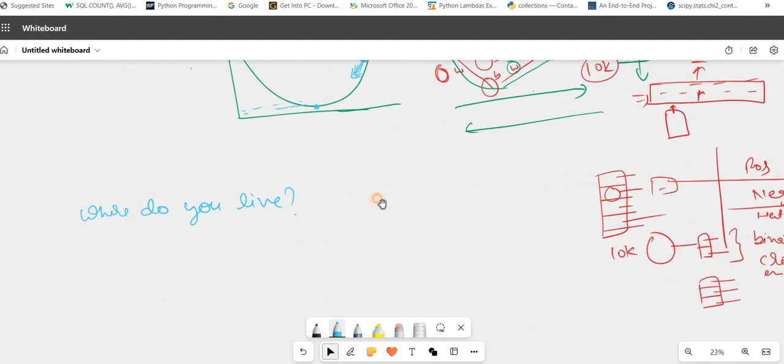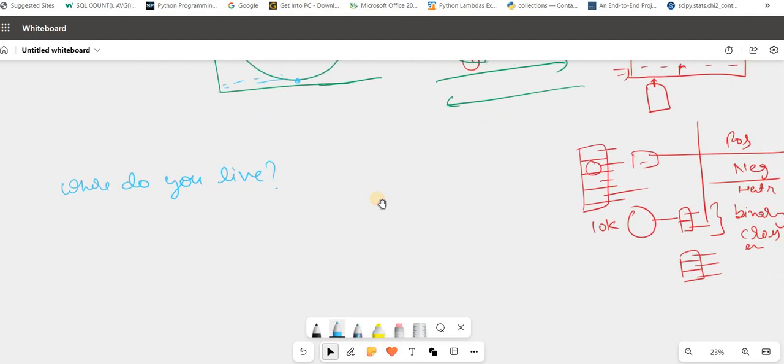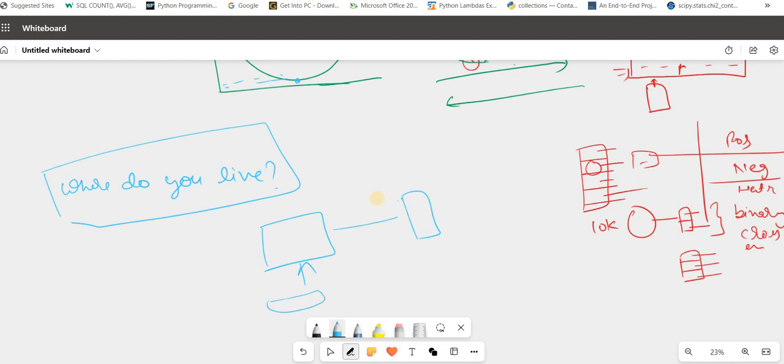But now let's suppose you trained your encoder-decoder model on huge data, and now a new question came. Someone asked, "Where do you live?" Now convert it into Hindi or Spanish or Tamil or any language. In that case, you do not have actual data. So what will happen? You will give this sentence to the encoder word by word. It will go to the decoder, which I'm just expanding like this.